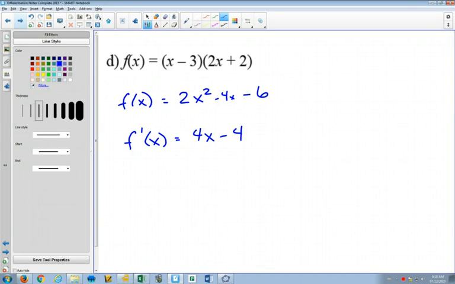And again, we notice the thing that we saw right at the beginning. What happens when you take the derivative of a parabola? You get a line. So even if it's a complicated parabola, we get a line.